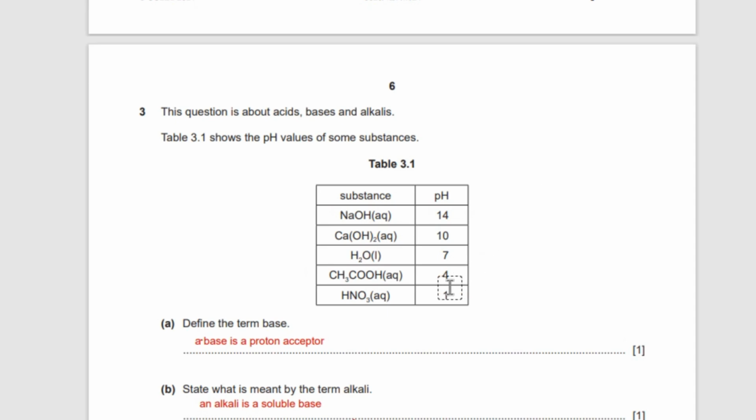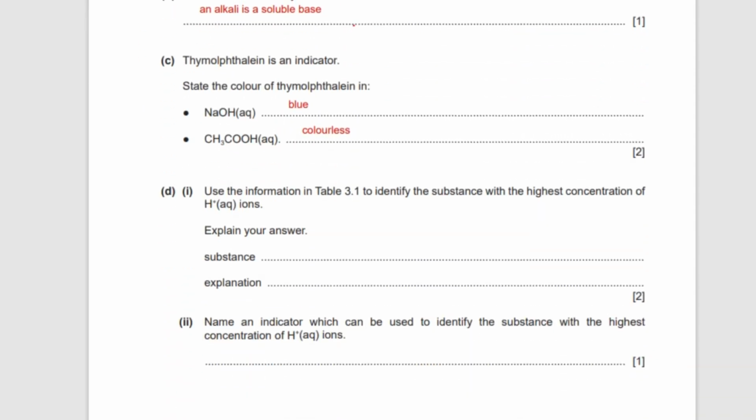Okay, so you could tell here that the substance with the highest concentration of hydrogen ion is HNO3, which is an acid, which is nitric acid. Okay, so your response is HNO3. You're writing capital H, N, O, and you want to write your 3 as a subscript, and this is nitric acid.